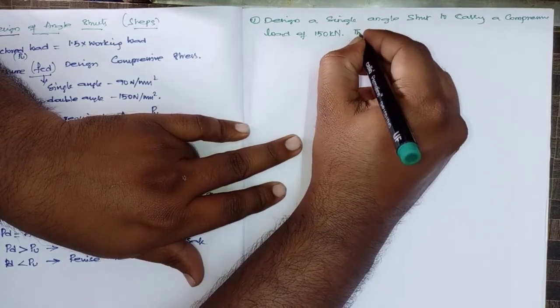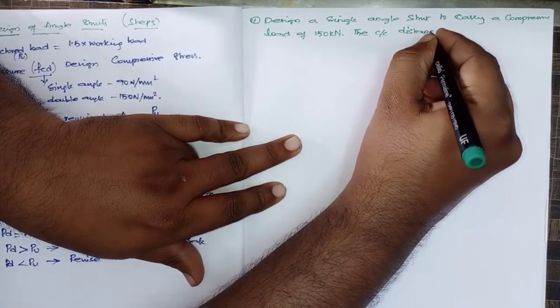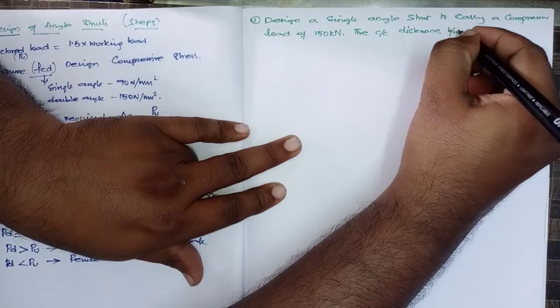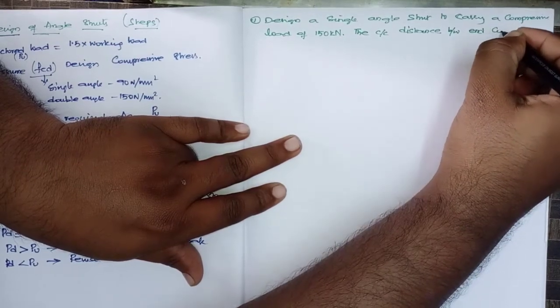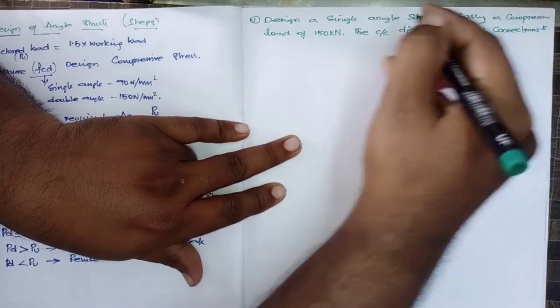The center to center distance between end connections is 2 meters.